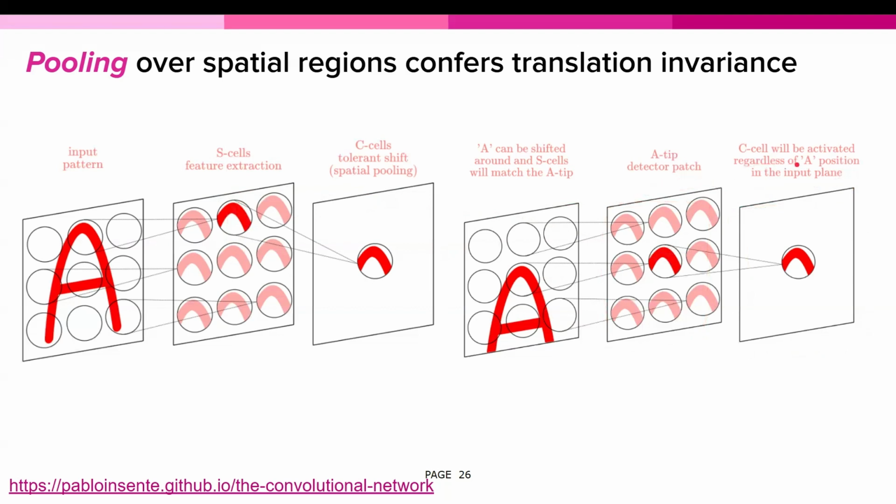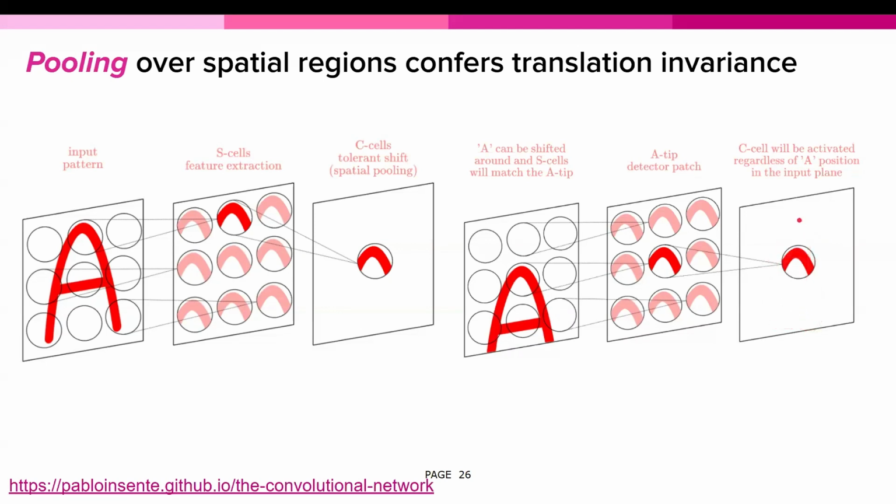So now the pooling operation has meant that the network is tolerant to small shifts and changes in the spatial arrangement of the features. We've recognized that the tip of an A is there regardless of where it appeared in the pooled region.